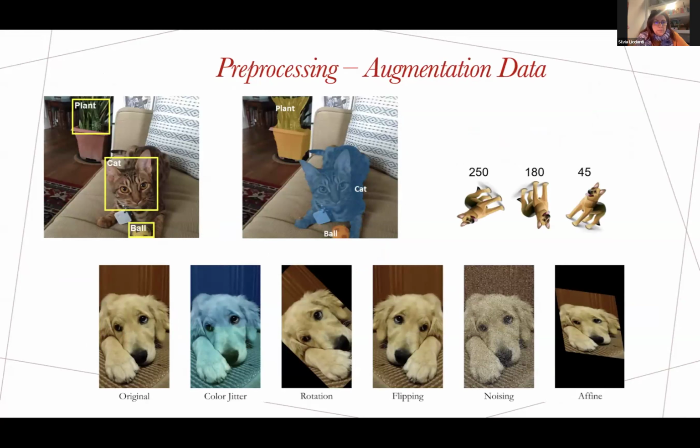So the first problem of neural network processing is the quantity of data. We call data augmentation the process in which we have to have not only a single input, for example a picture of a dog, but this picture has to be augmented. So we have to have this figure in different forms: original, colored, rotation, flipping, and so on.